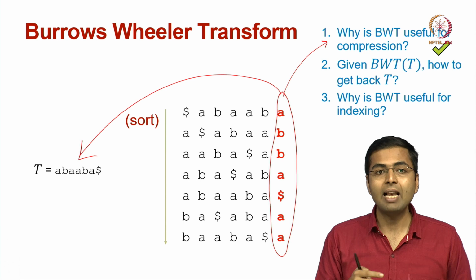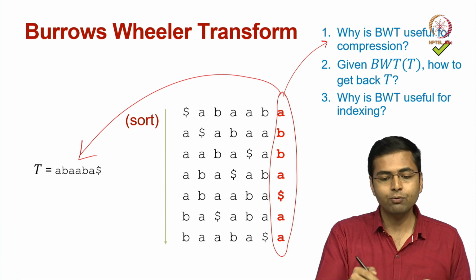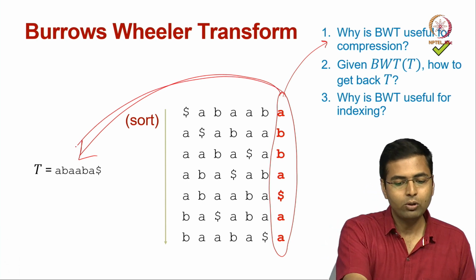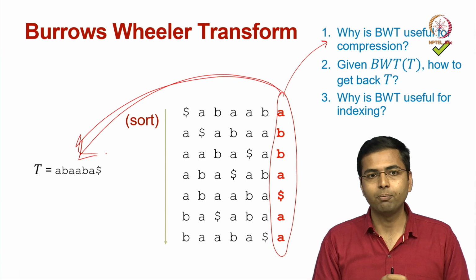That algorithm, what technique we can use to go back to the original text from the Burrows-Wheeler transform, we still have to discuss. So, let us look at this technique of recovering the original text from the Burrows-Wheeler transform in the next lecture.